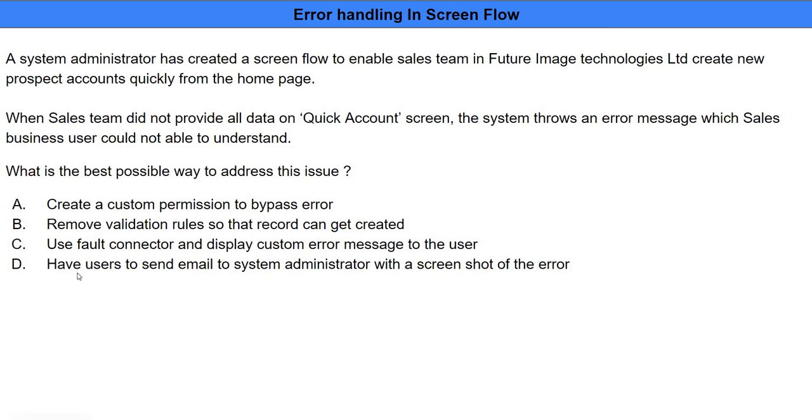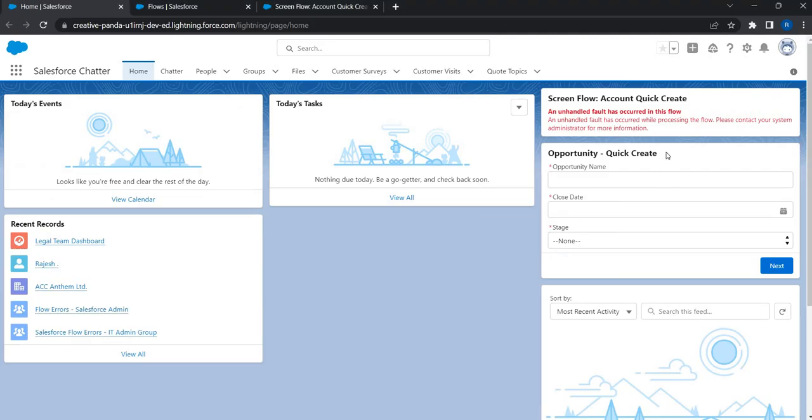Talking about options C and D, let's take option D first. Have users send an email to the system administrator with a screenshot of the error. That sounds like a way to approach this problem, right? A simple screenshot of this error to the system administrators.